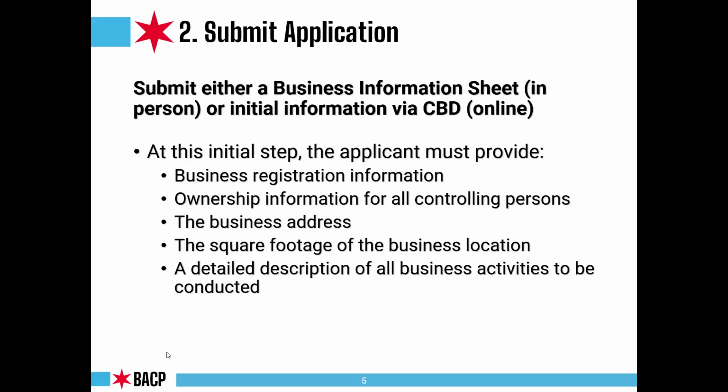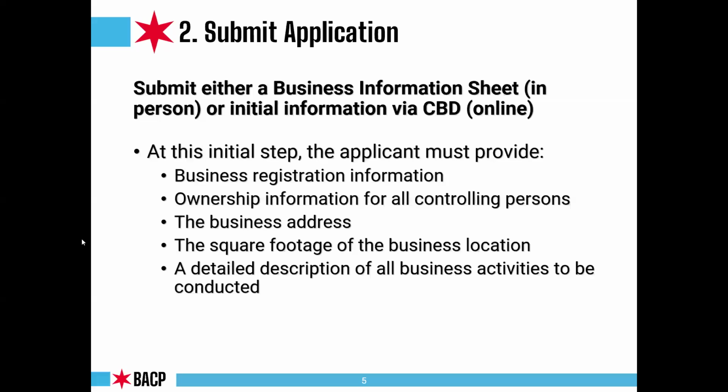That could lead to citations and other issues. And so we do need a detailed description of the business activities that you plan on conducting. What we mean by that is, how are you making money? What service or product are you offering? The more we know, the better we'll be able to properly engage in the consultation and get you licensed.